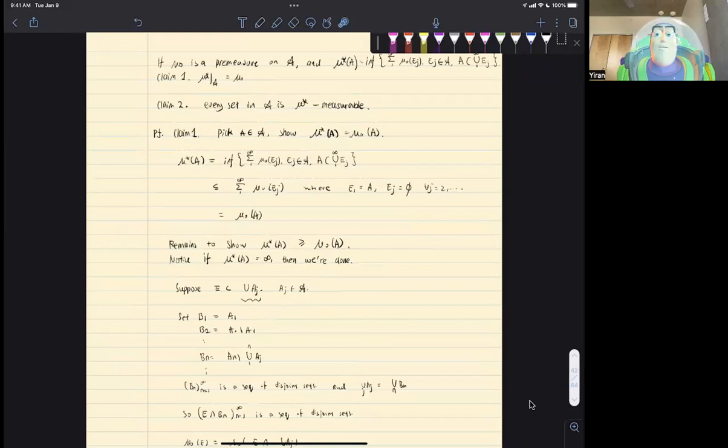The other direction is a little bit more complicated and needs good observations.